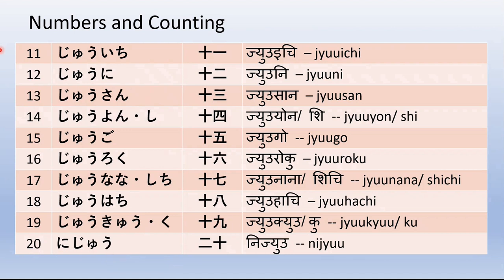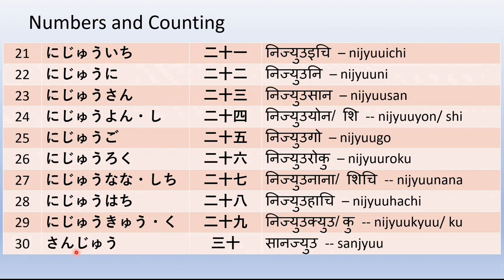So we have 11 to 20: Juichi, Juni, Jusan, Juyon, Jugo, Juroku, Junana, Juhachi, Jukyu, and Niju. Moving ahead with the next decade, which is Nijuichi. Now it is 21.